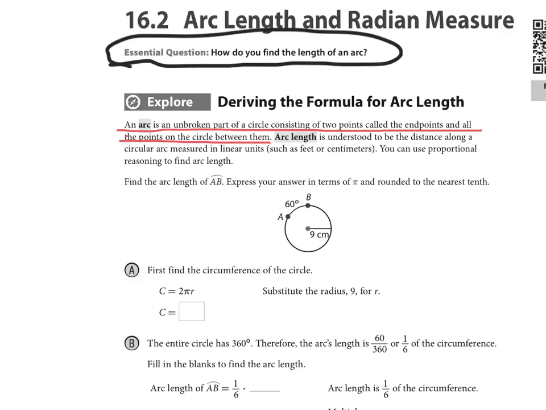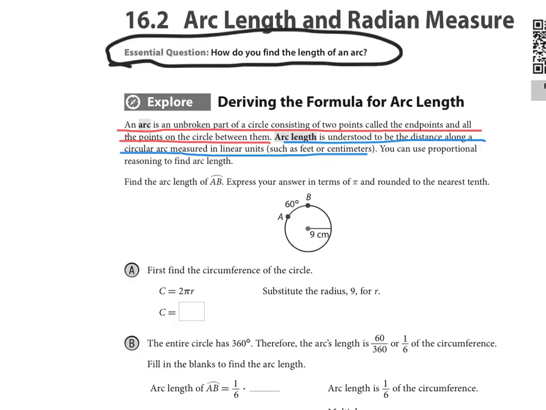And arc length is understood to be the distance along a circular arc measured in linear units. Okay, so we've been looking at the degree of an arc, and now we're going to look at its length, which is done in feet or centimeters.